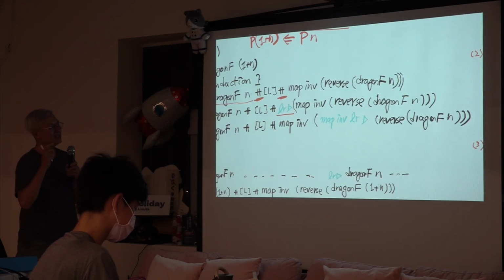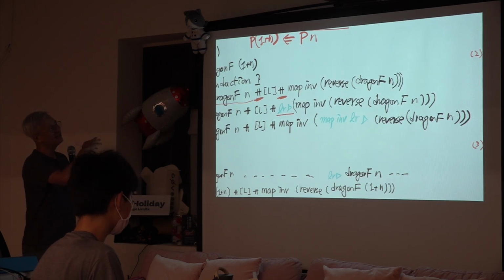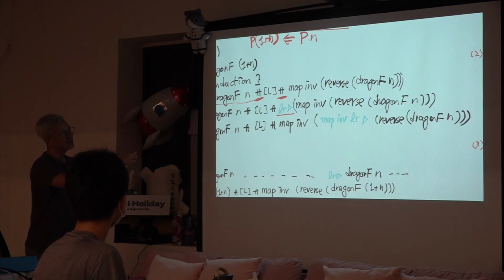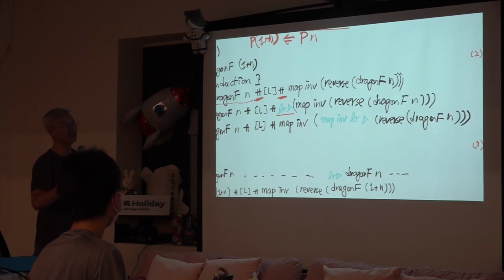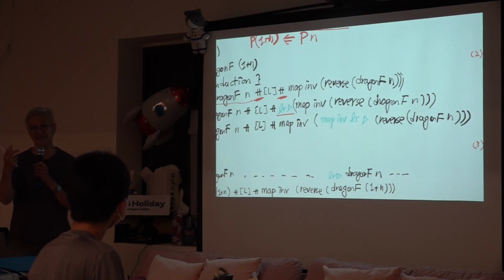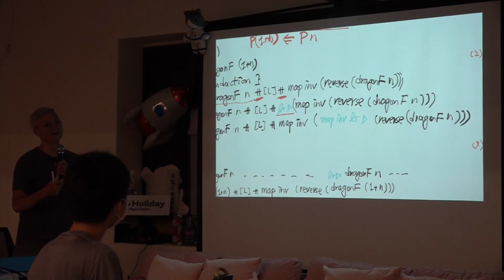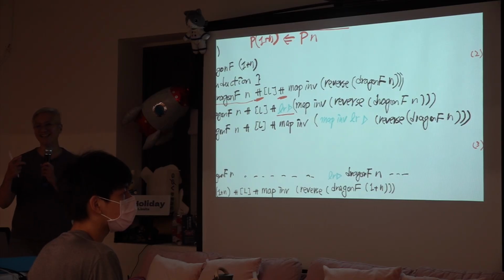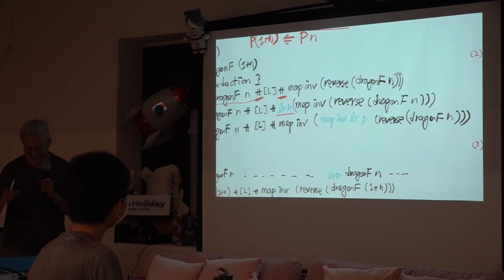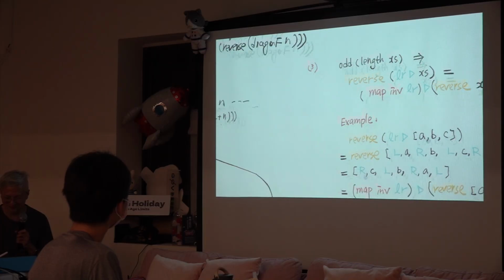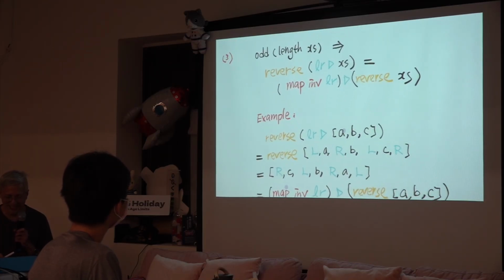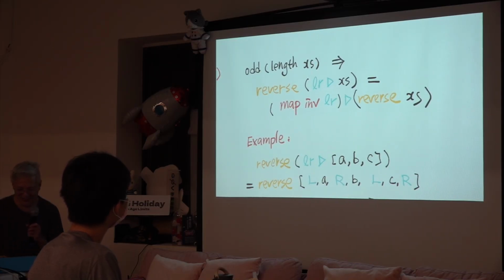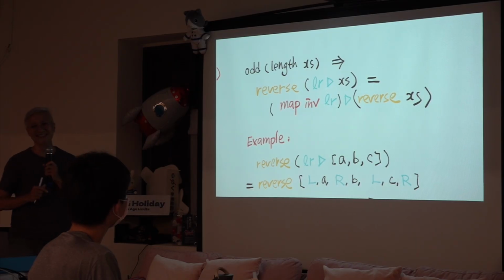And now, in the final step, let's think about what happens when something is interleaved into the reverse of a list. If the list happens to have an odd length, then this one holds for LR only.